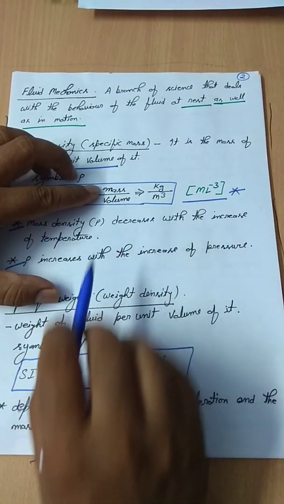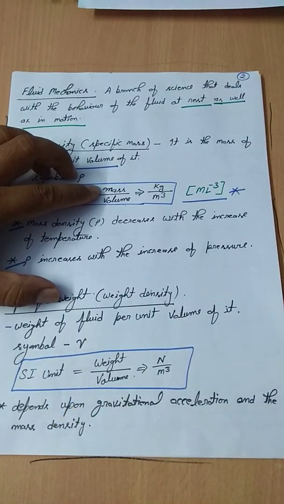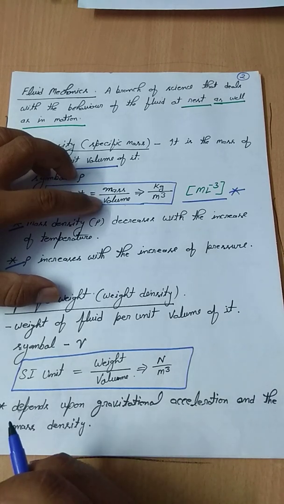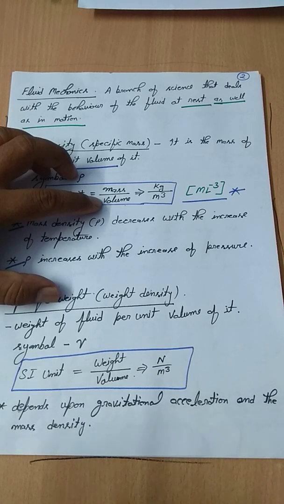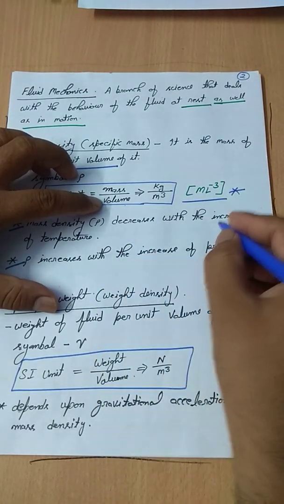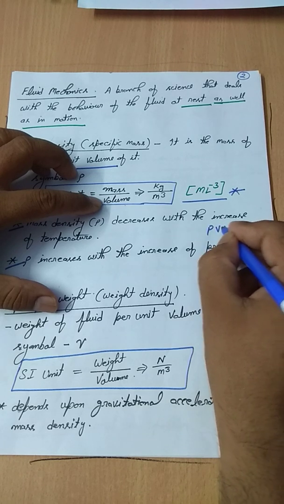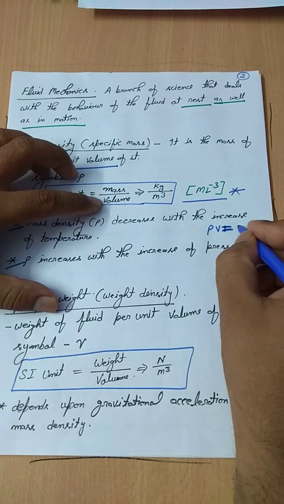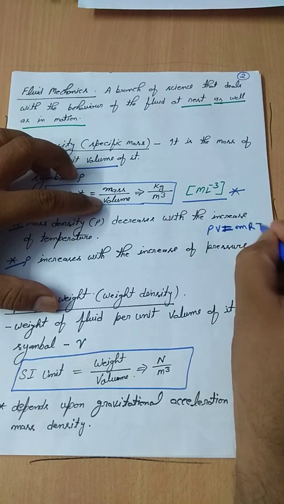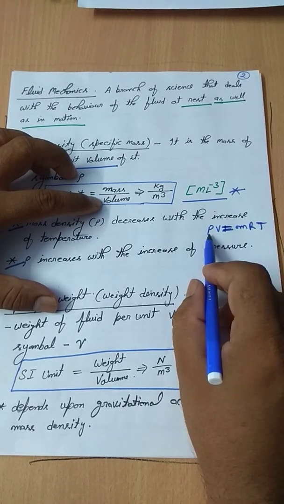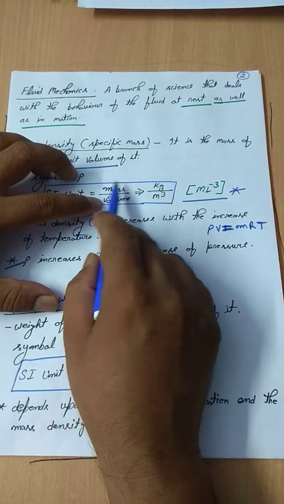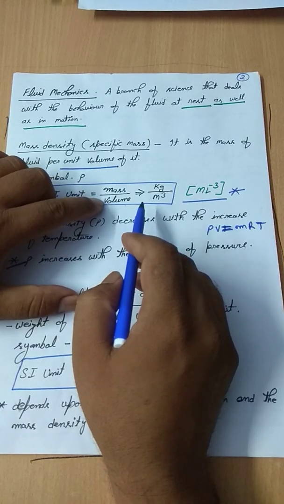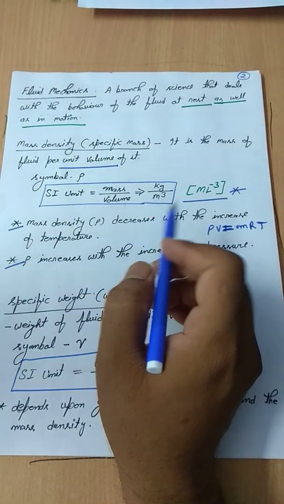Mass is the quantity of matter, which does not change with temperature, but volume does, as we know from the gas equation PV = mRT. From here, if pressure is constant, then as we increase the temperature, volume also increases. The denominator of the fraction is increasing, so the value of the fraction decreases, so density decreases.